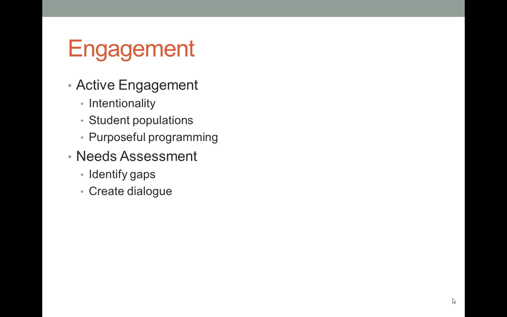Okay, and we can do this by doing a needs assessment, not just creating the same type of programs and services over and over and over again. Looking at what gaps we have that can create a dialogue that provides support and resources to students. But again, the learning primarily falls to the student. Student affairs and academic affairs can do a lot of different things, but learning is a personal matter.